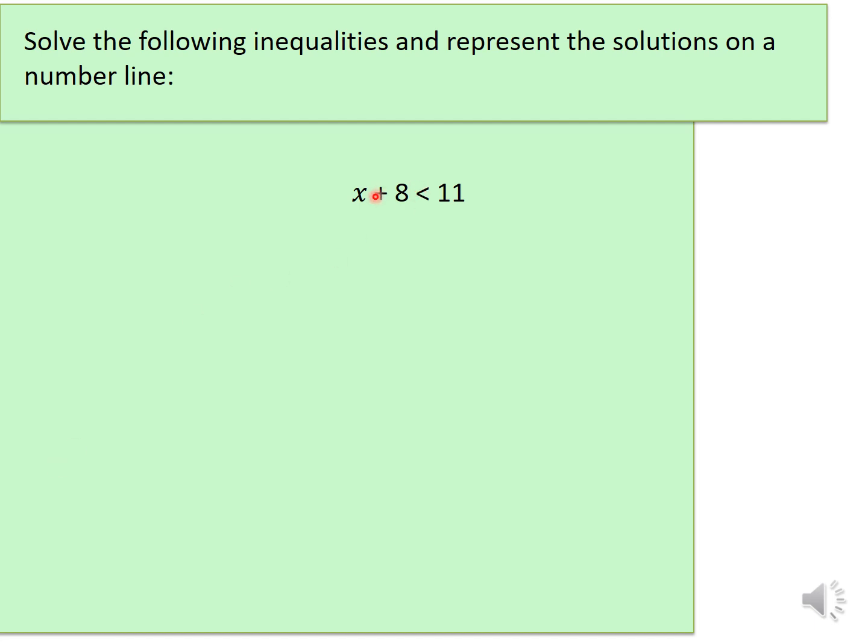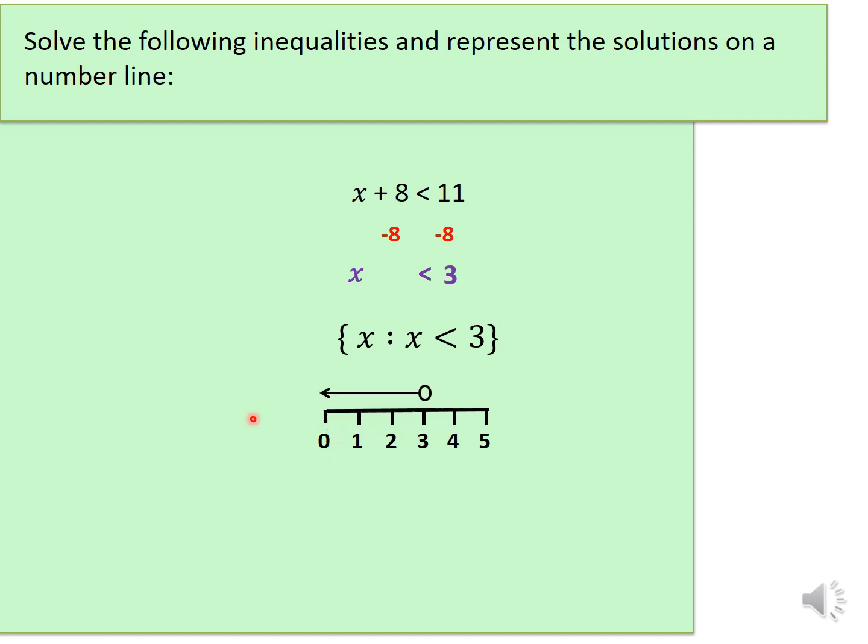So we have to do minus 8 both sides, and then we get x is less than 3. And then the question asks us to represent it on a number line. So that's how we do it. x is less than 3. And this is the set notation.